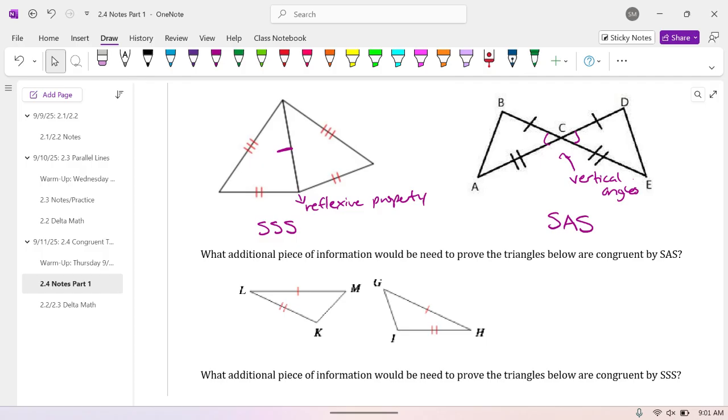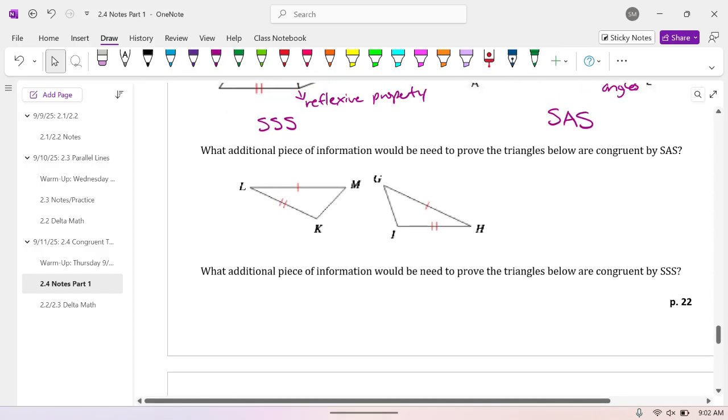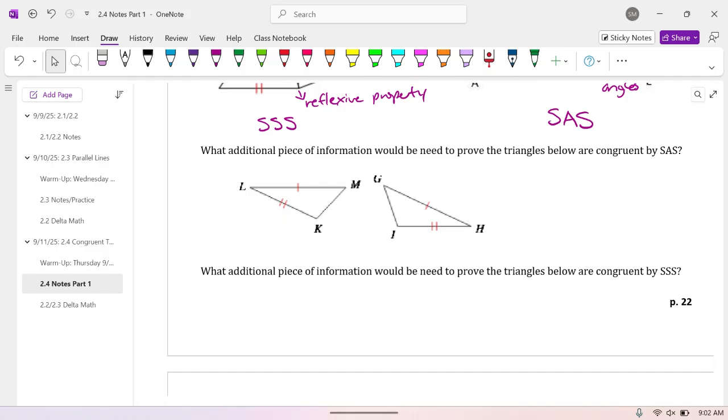All right, now, last one, and then we're done for today. What additional piece of information would be needed to prove that the triangles are congruent by SAS? Given what I know about these two triangles, what would I need to show in order to say they're congruent by SAS, side angle side?